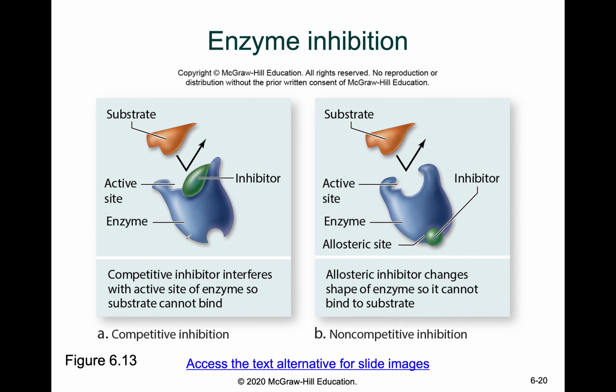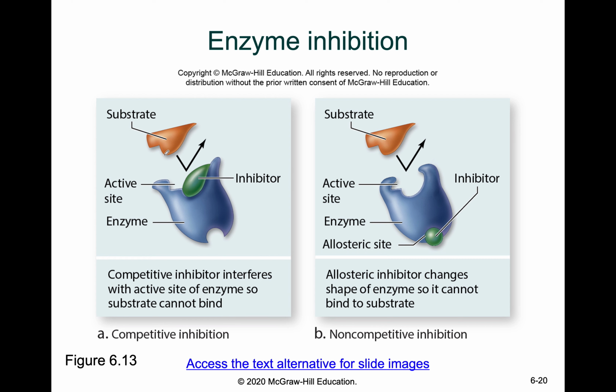If we look at this figure A, you'll notice that the substrate here in orange would have fit beautifully inside the active site. But you have this green molecule that binds, that's an inhibitor, that beautifully takes up this particular space and prevents the substrate from binding. So that would be a competitive inhibitor.